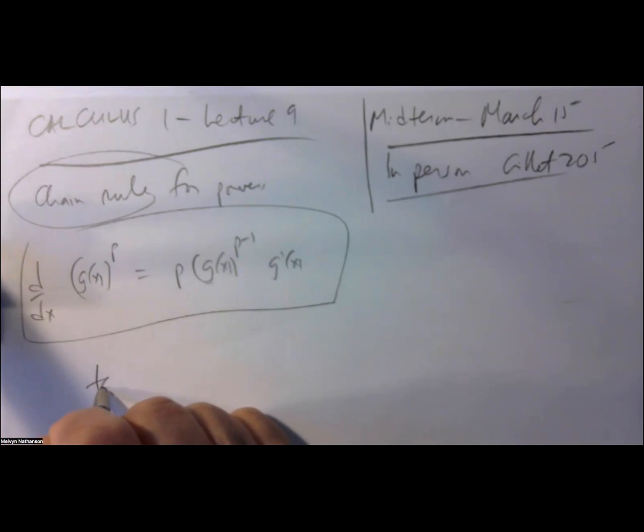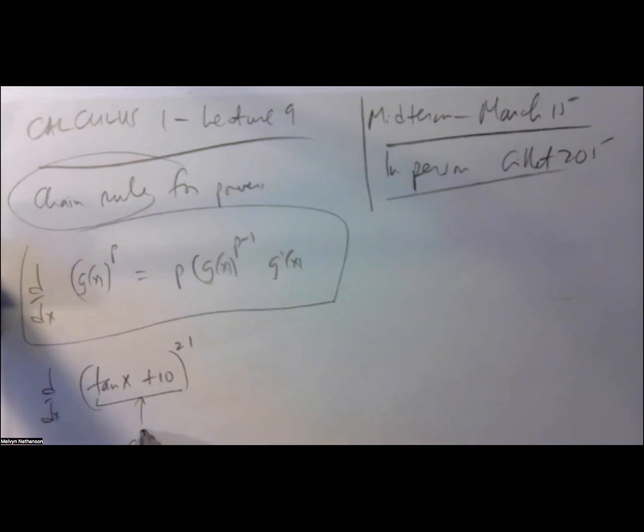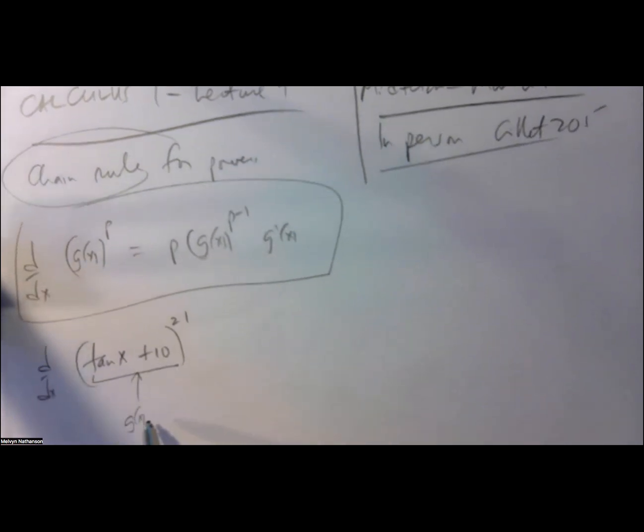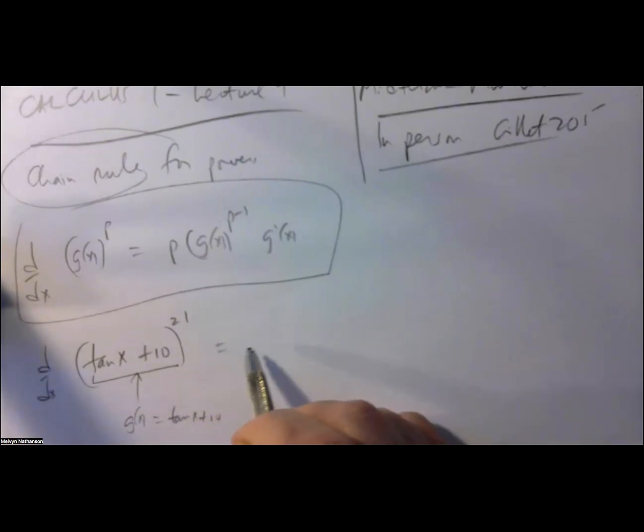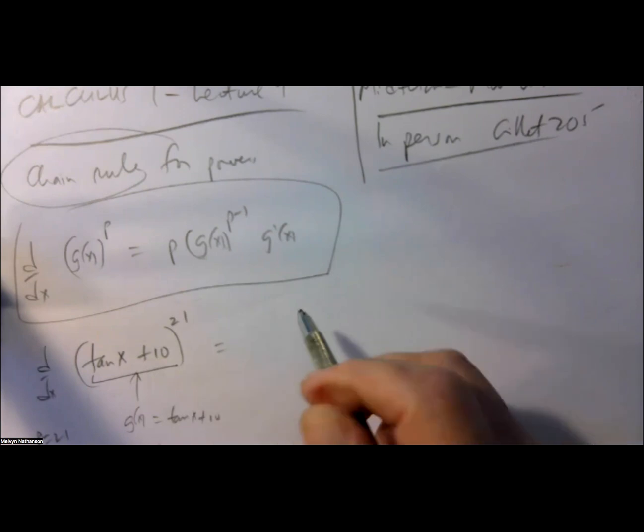So if we had, for example, tangent of x plus 10, and we're raising that to the 21st power, what is the derivative? Well, my function g of x that we're raising to a power is tangent x plus 10. So this is when we apply the power rule, and the power p is 21.